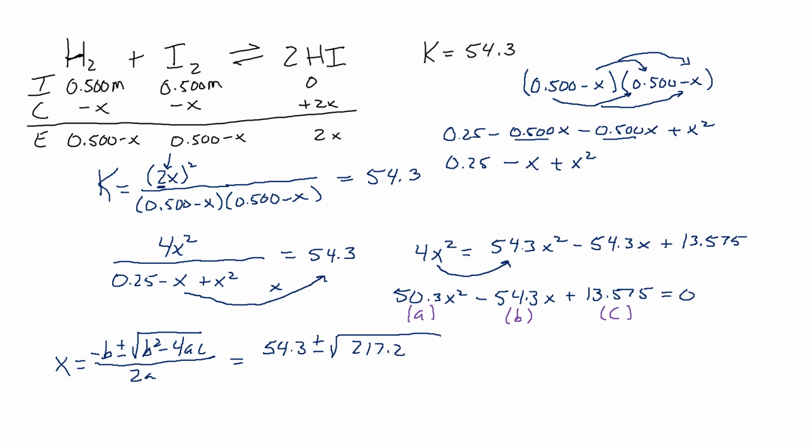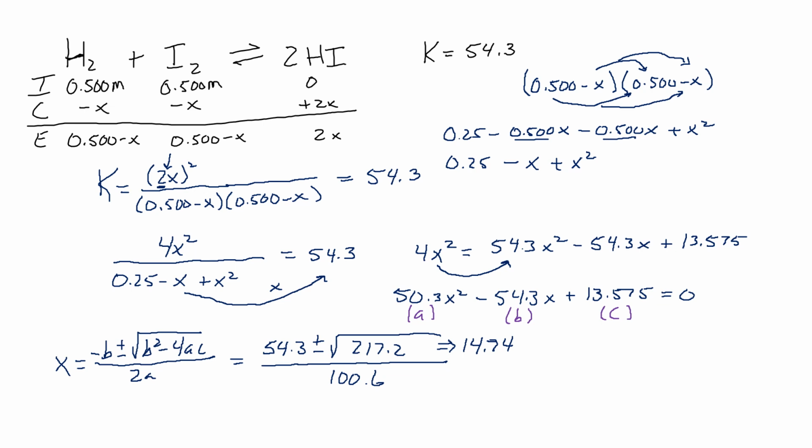Now if we take the square root of that, it's going to give us about 14.74, if you want to take it to a couple digits. All right, that's all now going to be divided by 2 times a on the bottom. So that's going to be 2 times 50.3, and that's 100.6. That's going to give us our two x answers here. We'll go with red.